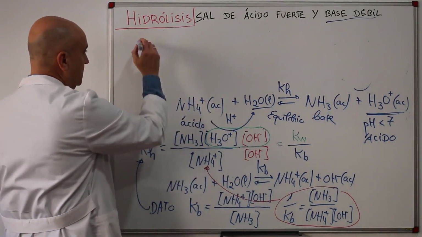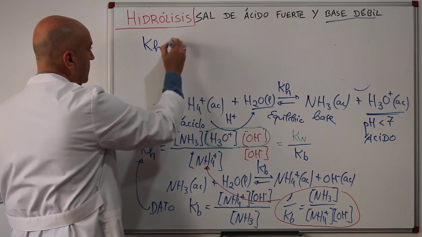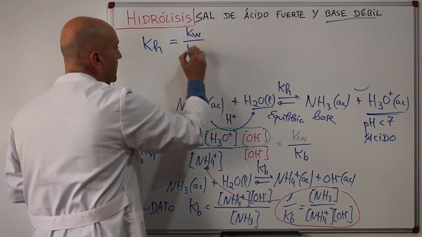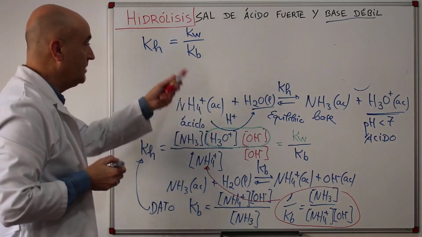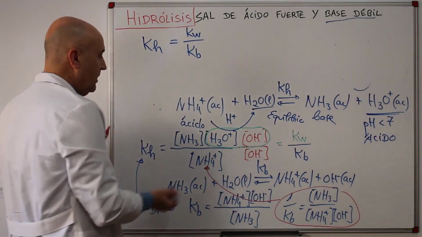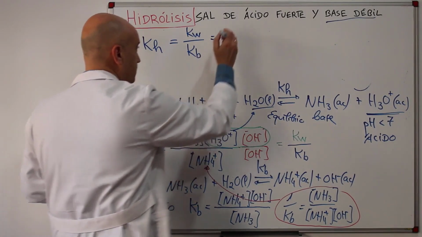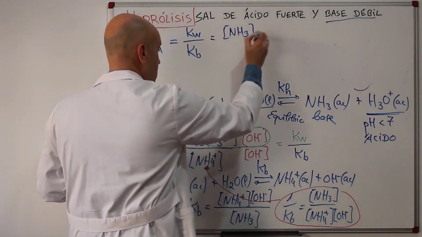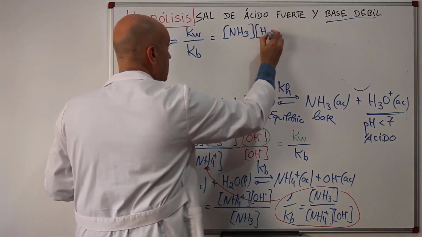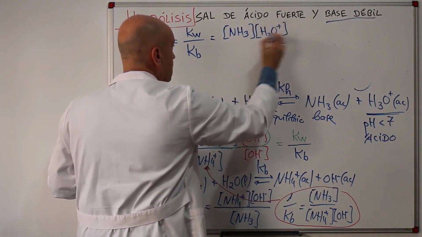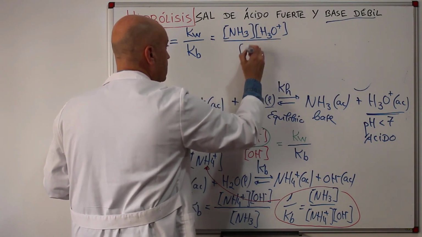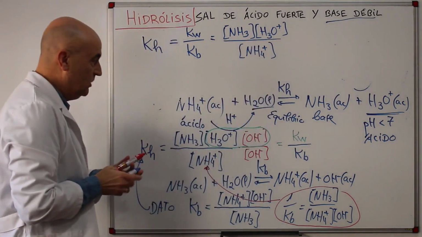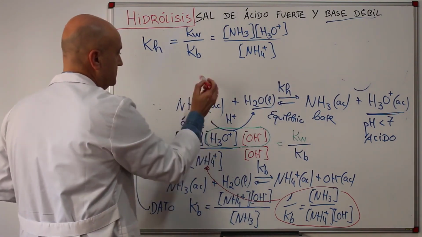I've already calculated the hydrolysis constant as the quotient between the ionic product of water and the base constant K sub B. The hydrolysis constant is the concentration of ammonia times the concentration of protons divided by the concentration of ammonium ions, NH4+.